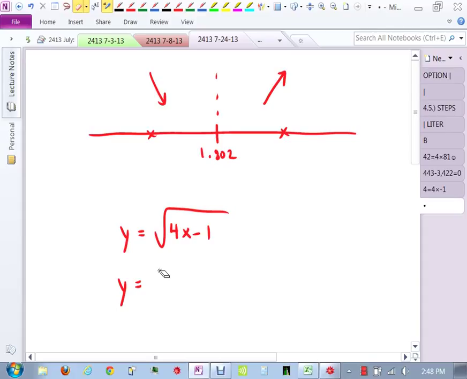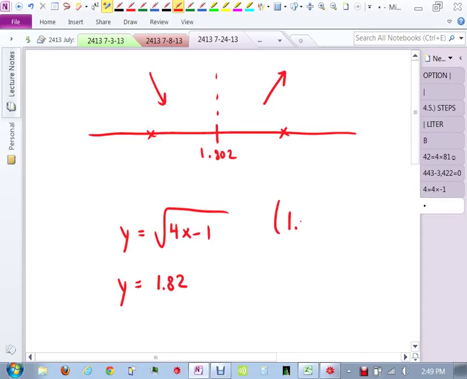Oh, whoa. I used the solve feature on my calculator to get 1.082. I'd be happy to show you that when we take a break.